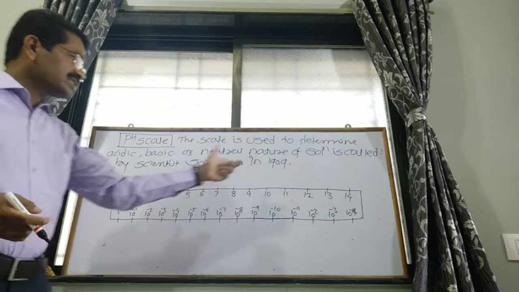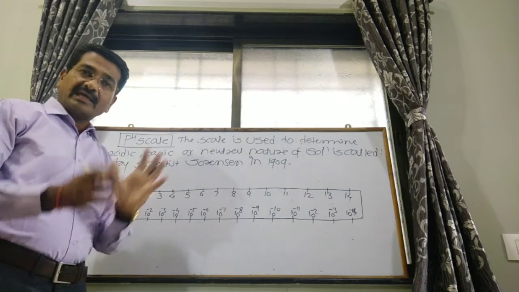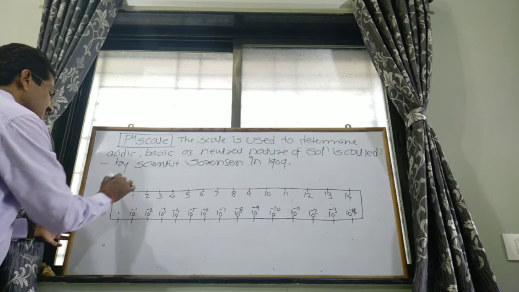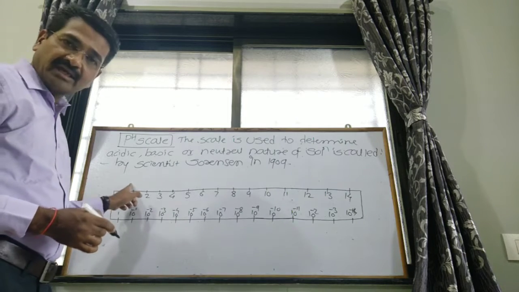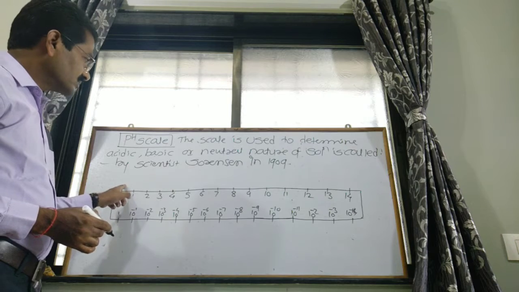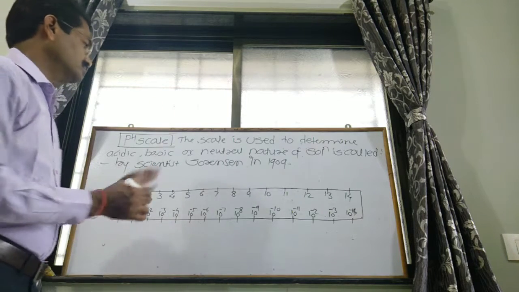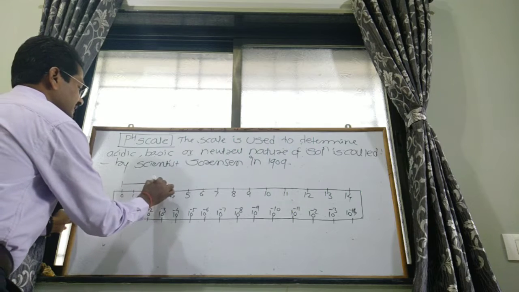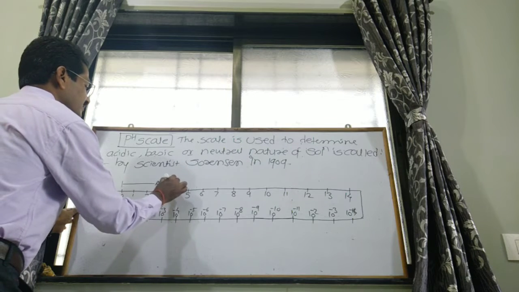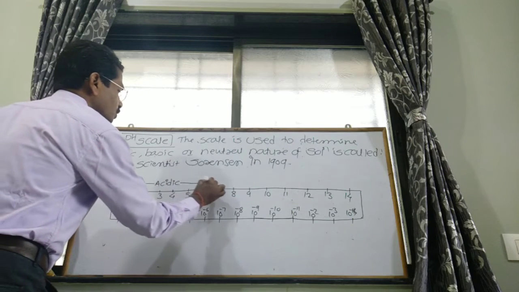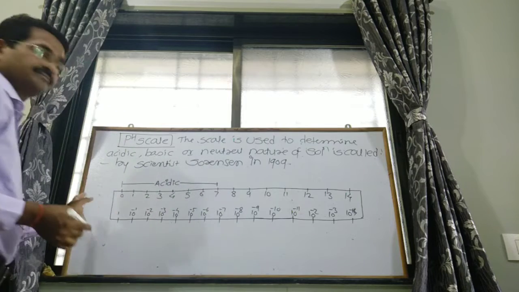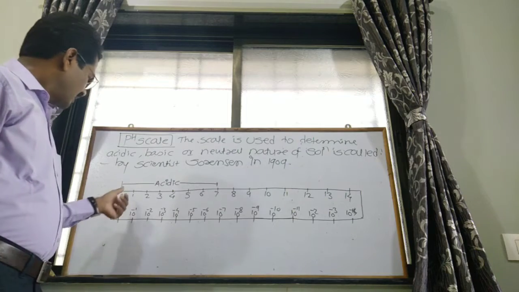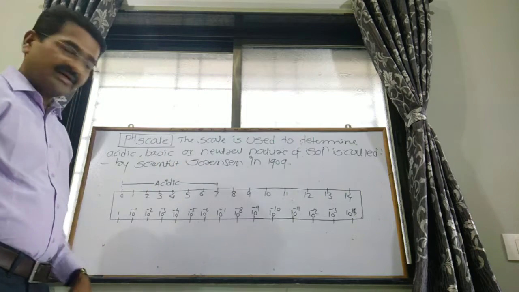So this is the pH scale. In this scale, if the solution has a pH from 0 to 7, then it is acidic in nature. Any solution having pH 0 to 7 is acidic.